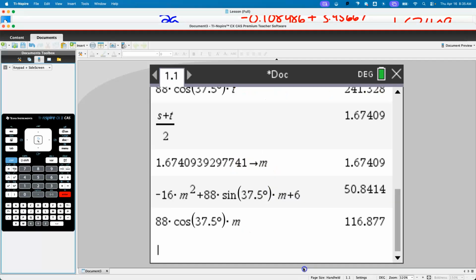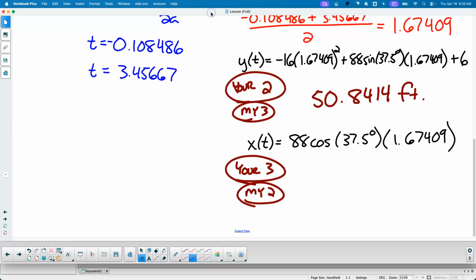Okay? Yes, you are going to be doing most of your work on the calculator, but that is the minimal amount of work that you need to show in order to get any points for this problem.